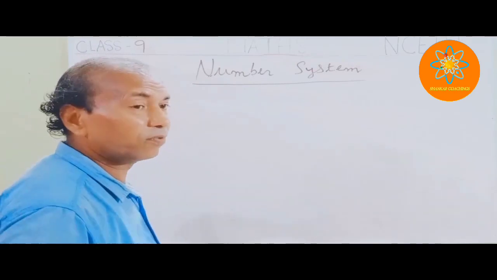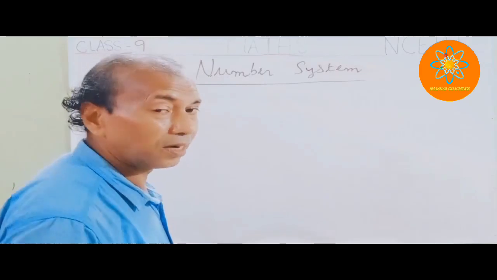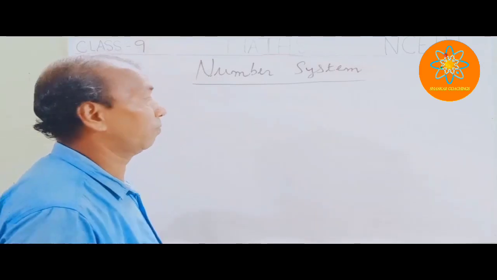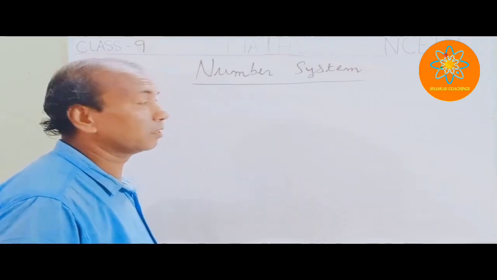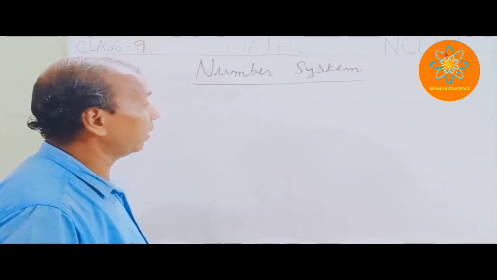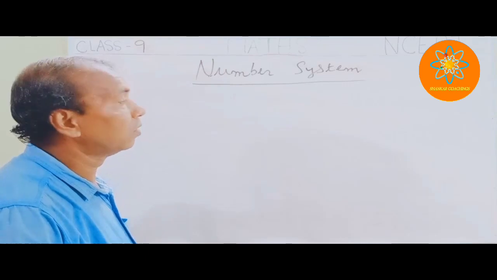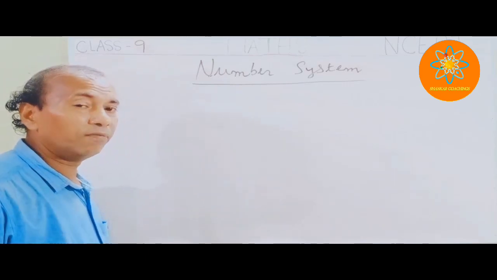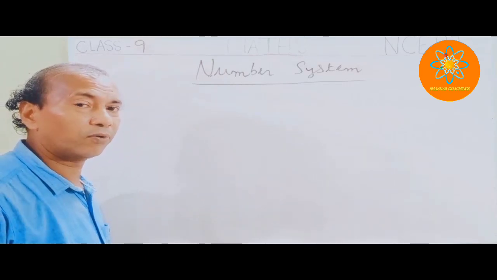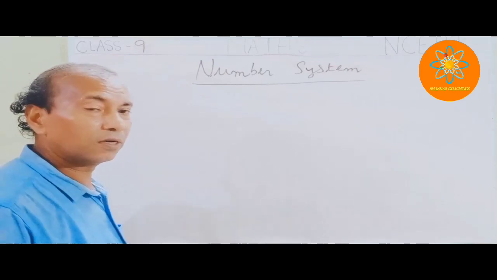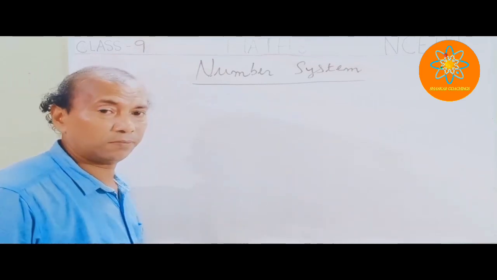So for types of number, actually we started from the counting numbers. Counting numbers means like 1, 2, 3, 4. These are the counting numbers. And if we add 0 to this counting number, means natural number, we got the whole number.